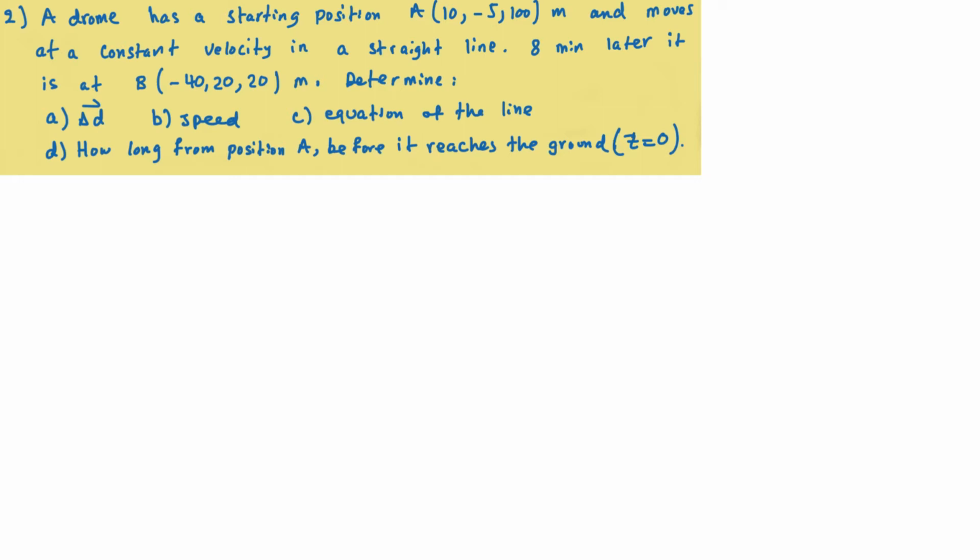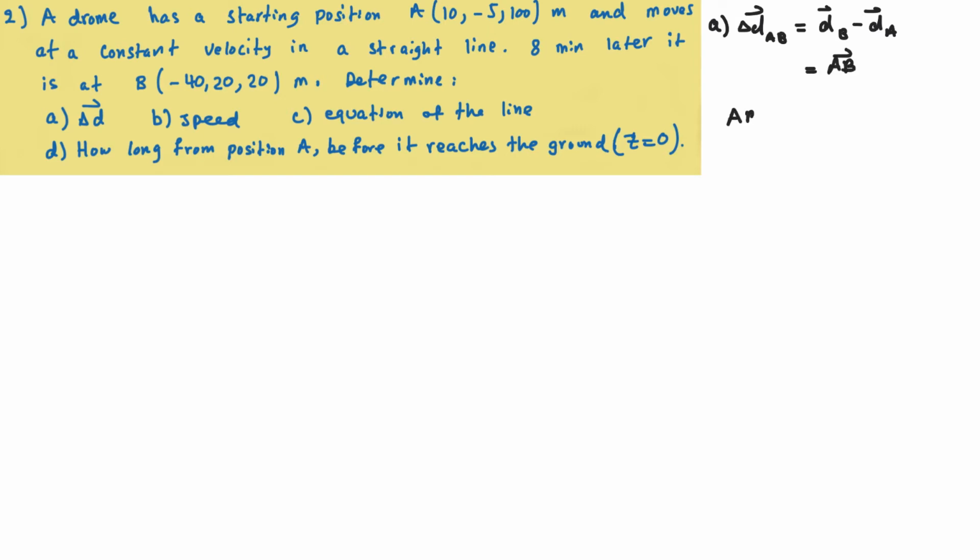Okay, for part A, we want to find the displacement. The displacement is from point A to B, so that's going to equal its position at B minus the position at A, or we can write this as vector AB.